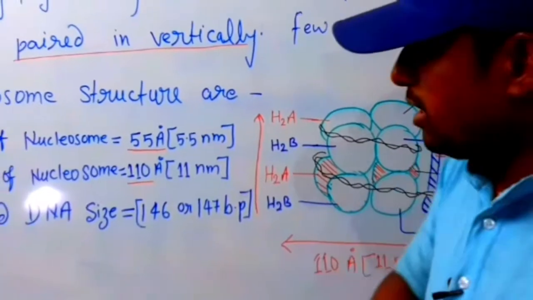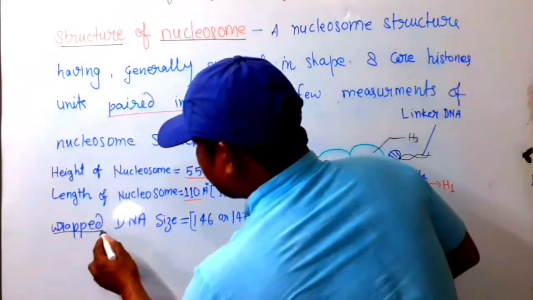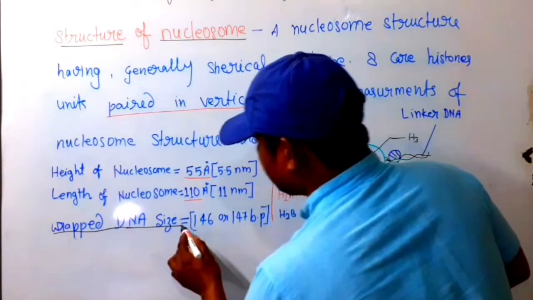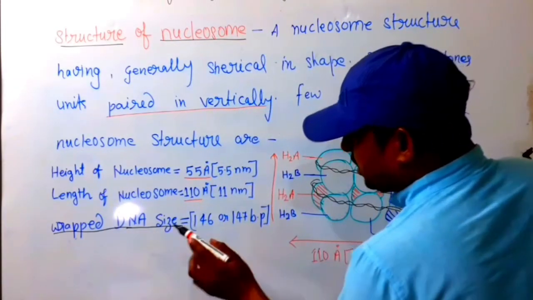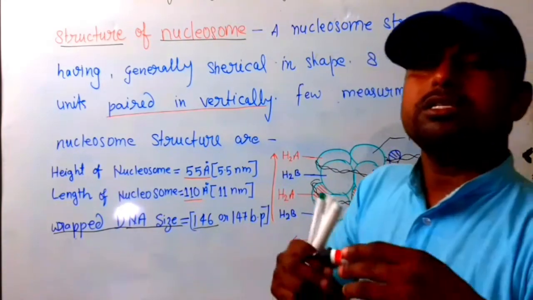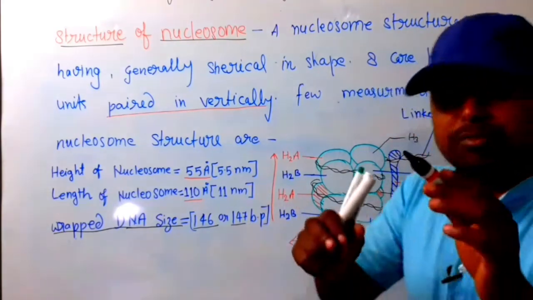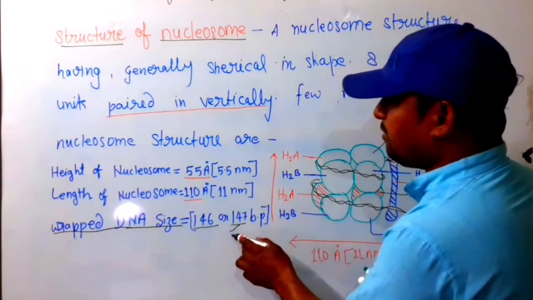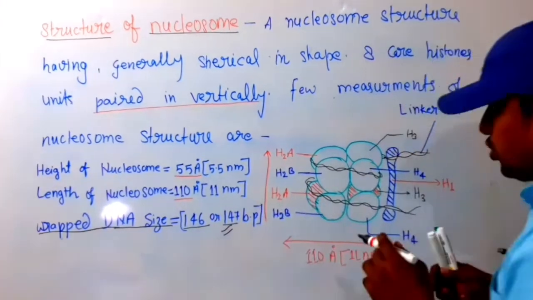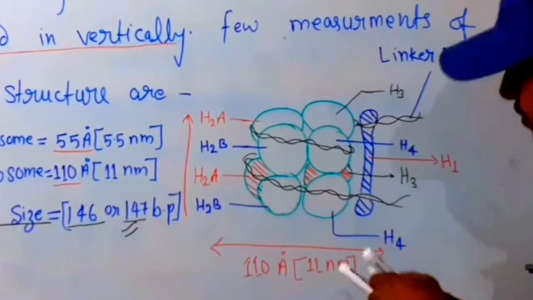The wrapped DNA size is sometimes 146 base pair, sometimes 147 base pair, but mostly 147 base pair.